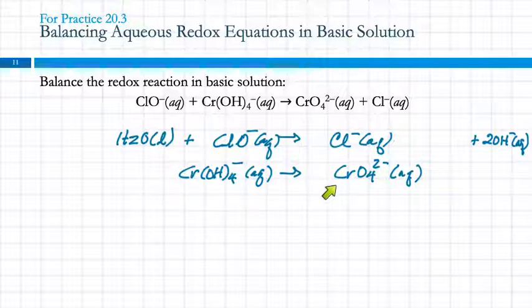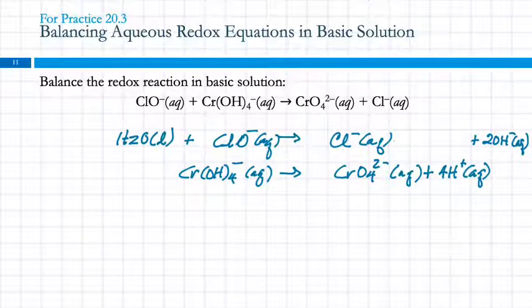Chromium and chromium, 4 oxygens and 4 oxygens, okay, 4 hydrogens. So I'm going to balance the hydrogens by adding 4 hydrogen ions over here, because I have 4 hydrogens here. I know. I'm going to fix it. That would be great if this was acidic, but it's basic.